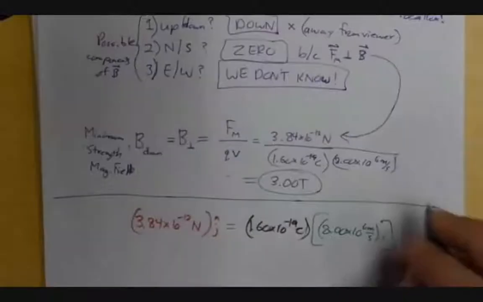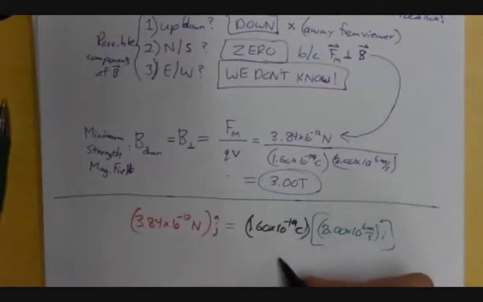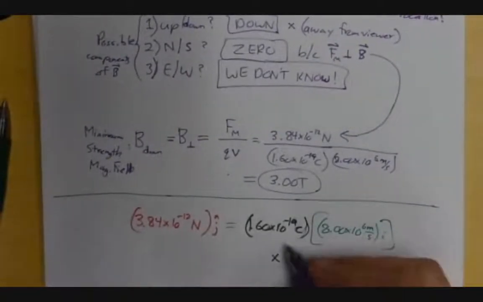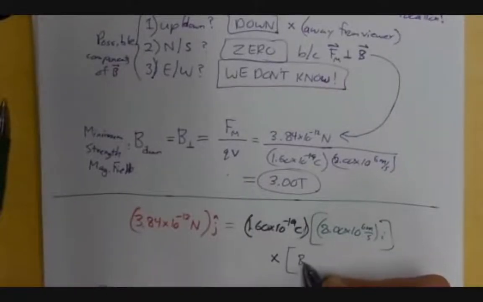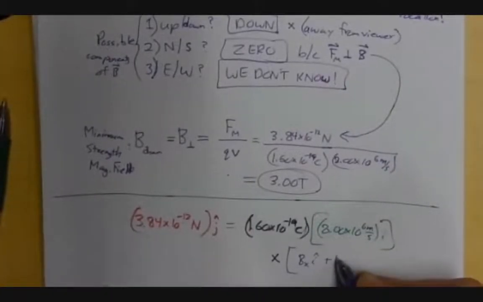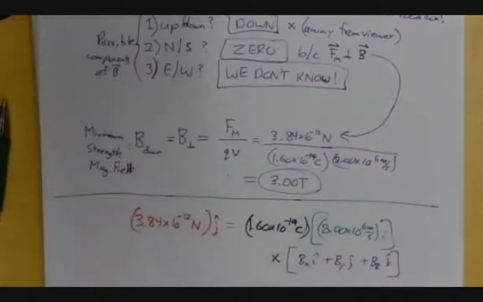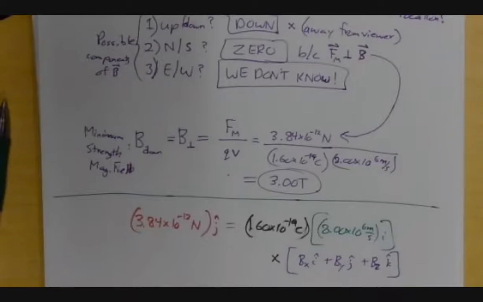Then I'm going to do the cross product, pretending this continues from the last line. For right now, I'll write Bx i hat plus By j hat plus Bz k hat. I want to learn all the components, so I'll let them all be in there. What happens when you do this cross product?